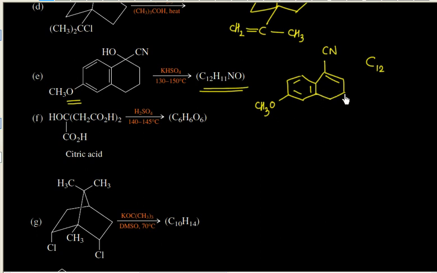Basically there are 2 hydrogen, that's why I'm not counting. 2, 2, 4 plus 1 is 5, 6 7 8, and 3 is 11, and one more hydrogen I should have. So here I have 1 2 2, and here I have 1, 1 1, and here I have 3. Now let us count. 1 2 3 4, 6 plus 2 is 8 plus 3 is 11. 11 hydrogen I have. So C12H11, and I have one oxygen.